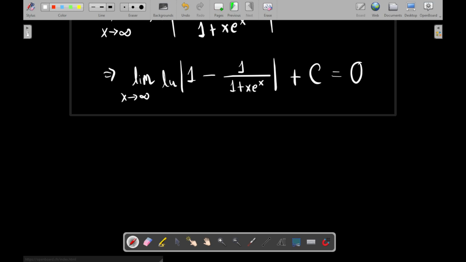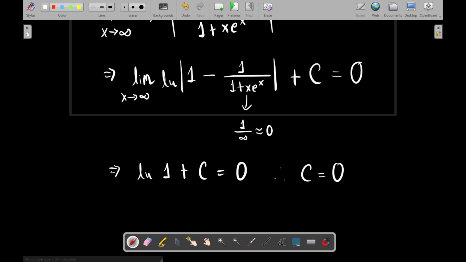In this step, if we put x tends to infinity, this becomes something like 1 upon infinity, right? So this again tends to 0. We are left with ln 1 + c. On putting x tends to infinity, this just becomes ln 1 + c equal to 0. Now ln 1 is 0, therefore we get c equal to 0, right?